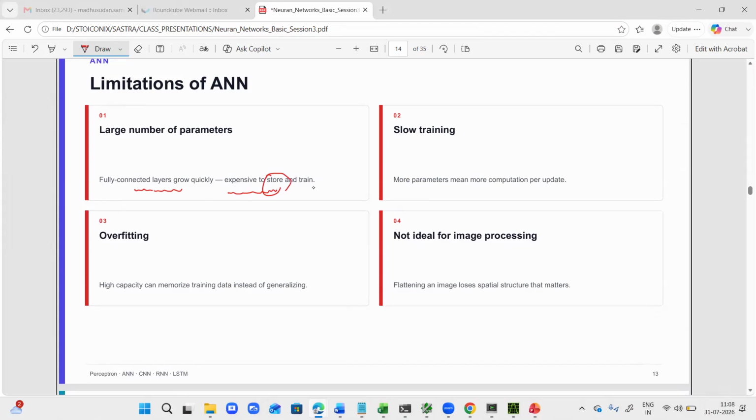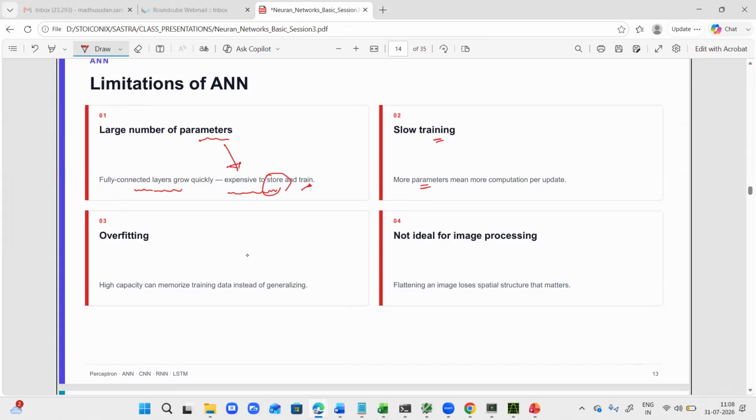You need more and more compute, and the larger the number of parameters, the more complex and costlier the computation gets. The training process also becomes slower with more parameters.